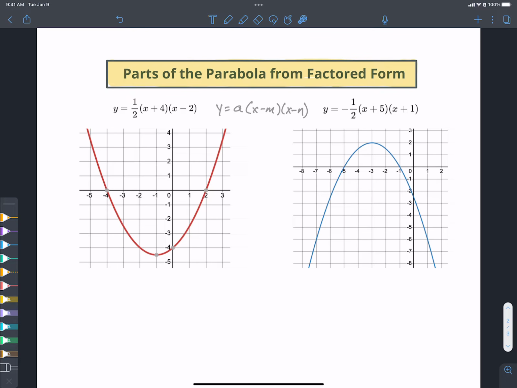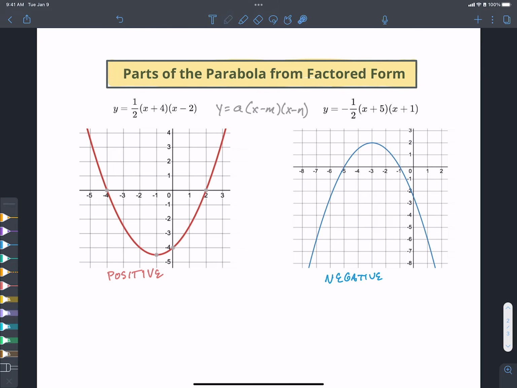So the first thing I notice is that this one is opening up, so this is a positive quadratic. And over here on the right, we have a negative quadratic. The one thing I notice is that this is a negative value and this is a positive value.